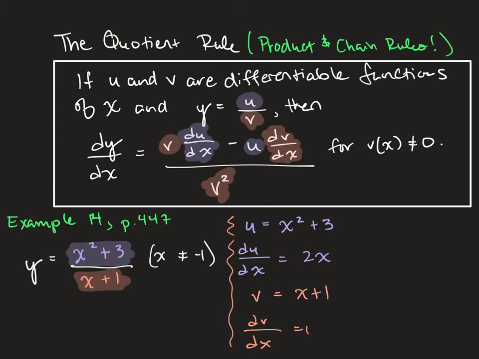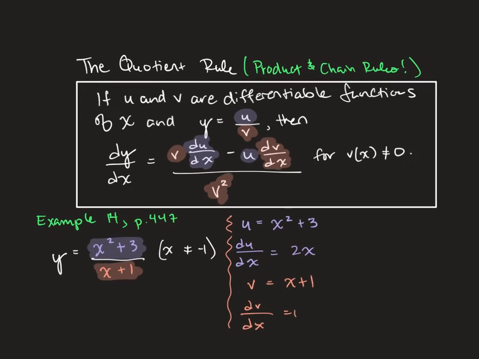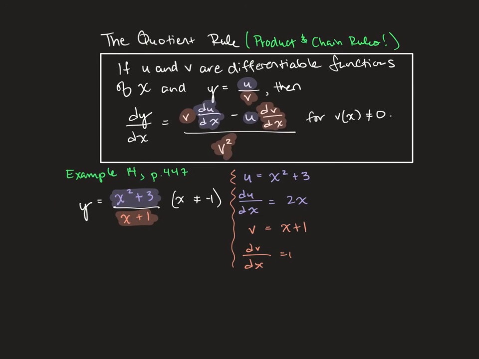Let's first get our functions and their derivatives laid out so that we have them to pull off of. So the derivative of x squared plus 3 is 2x. The derivative of x plus 1 is just 1. And then we're going to write the whole shebang down.